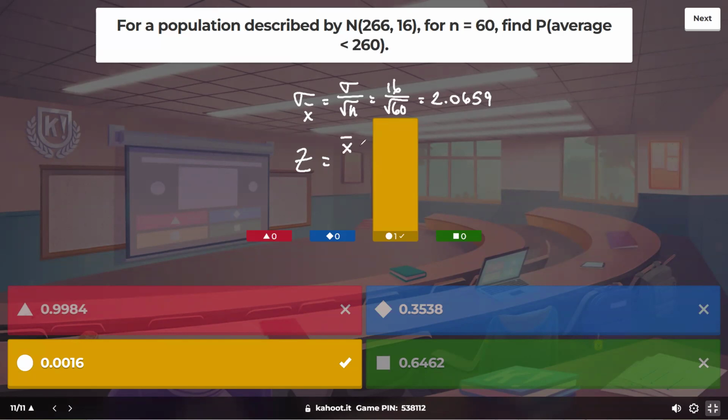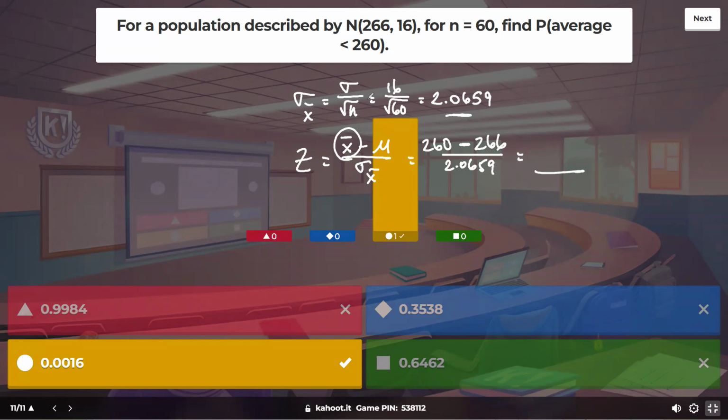Okay. So here's our formula here. Probability the average is less than 260. So here's 260 minus the mean, 266, all over the standard error, which is this number, 2.065.